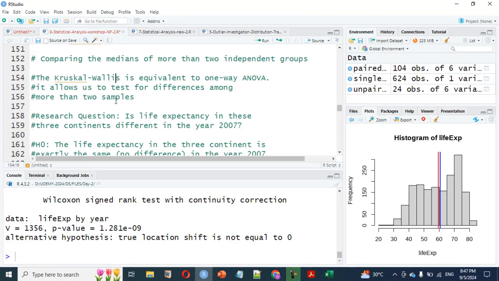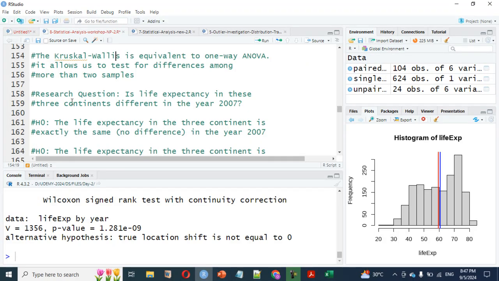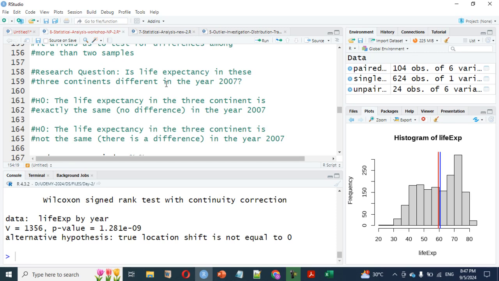So you can have a question like, is life expectancy in these three continents different in the year 2027? We are dealing with more than two groups.